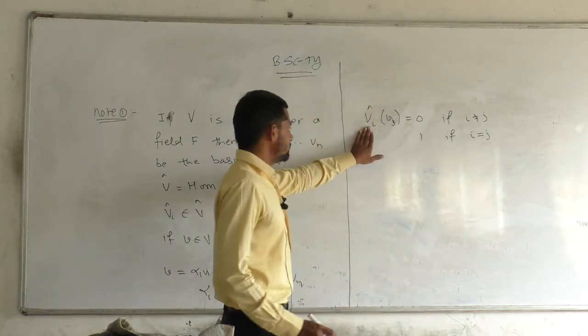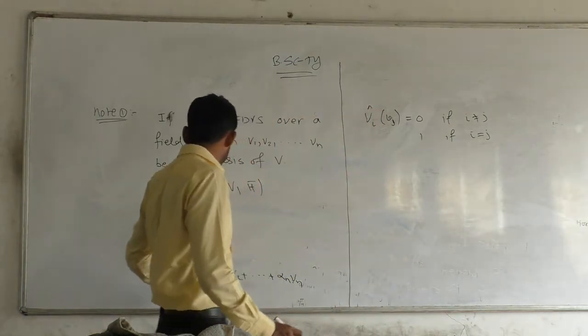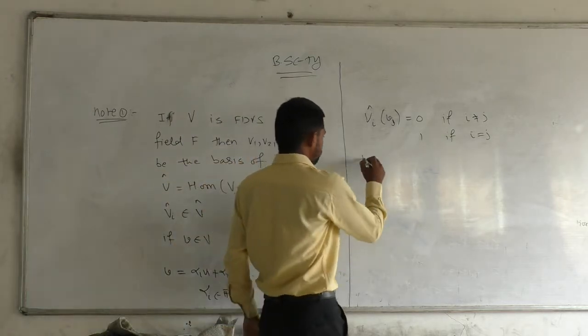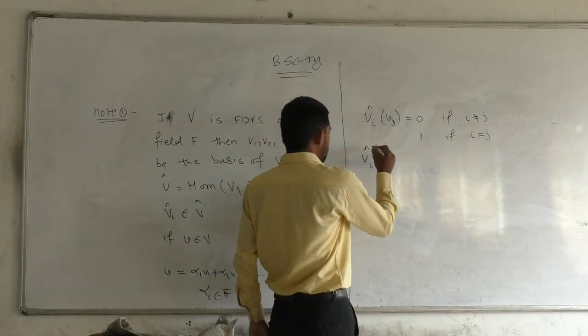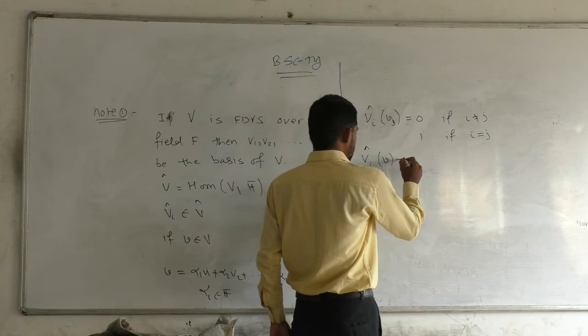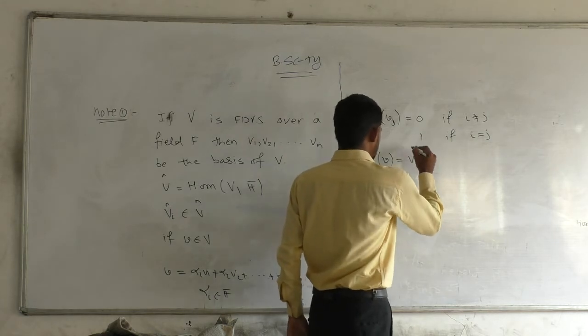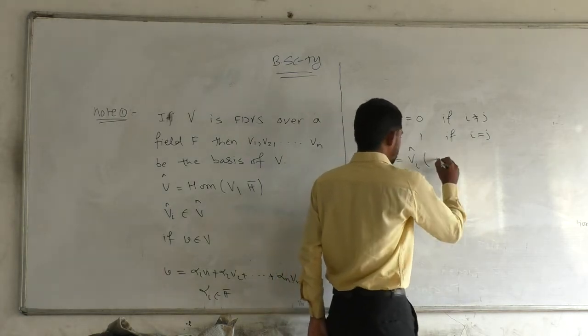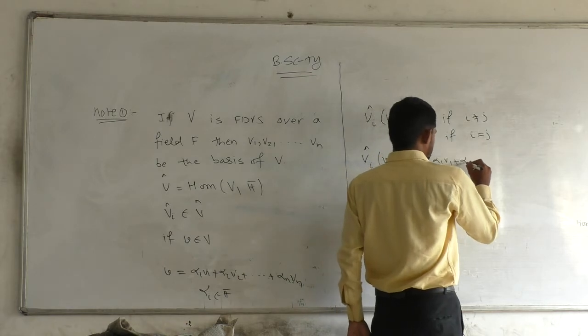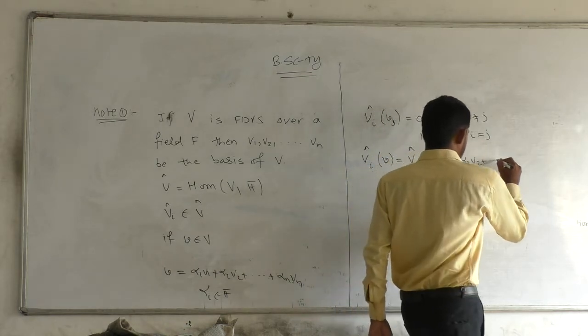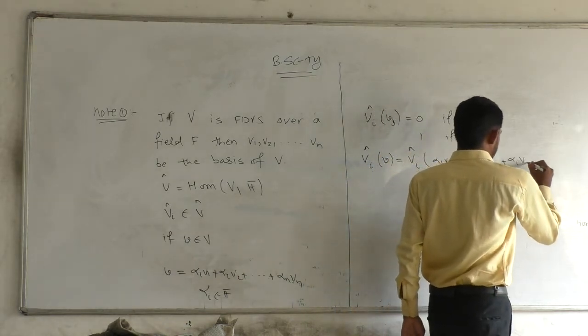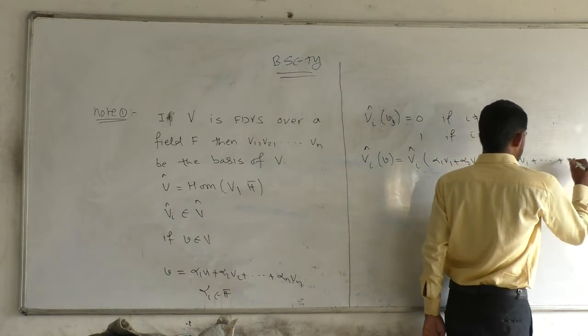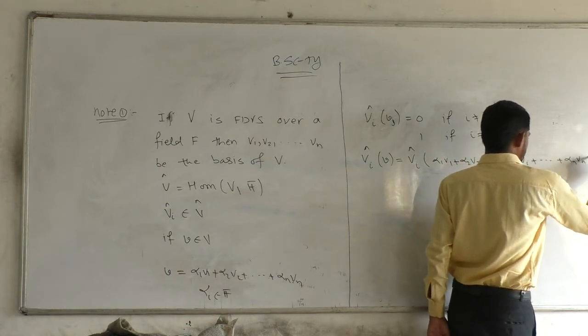Now apply this functional on the element v. Now vi dual of v is vi dual of alpha 1 v1 plus alpha 2 v2 plus ... plus alpha i vi plus ... plus alpha n vn.